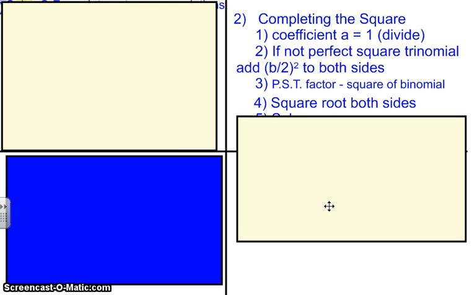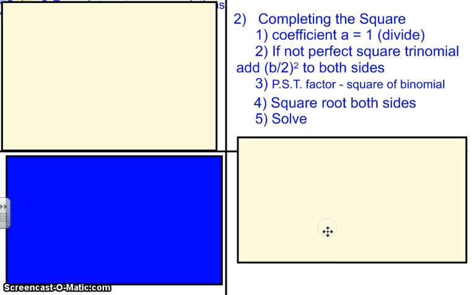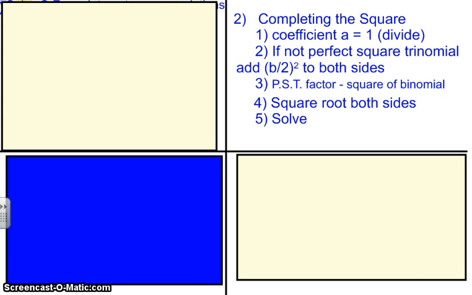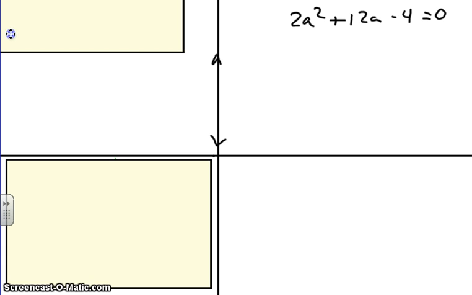So we do. Take the square root of both sides. It's a more sophisticated type of square root, but it does simplify the equation really quickly. And then we just solve for the unknowns. So here's your equation to try completing the square with.